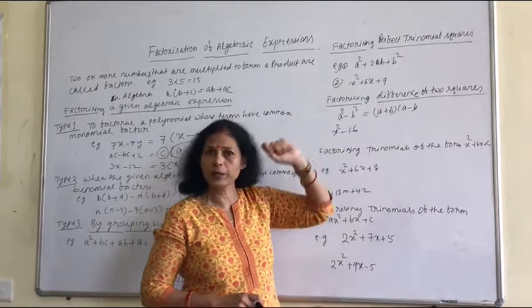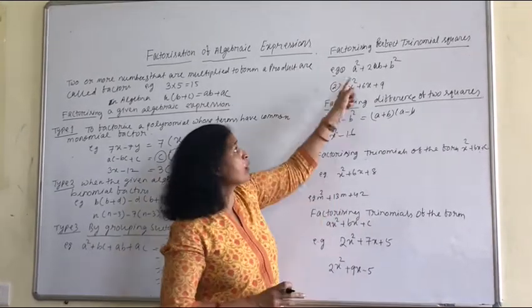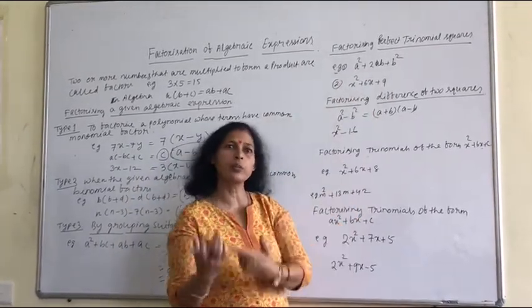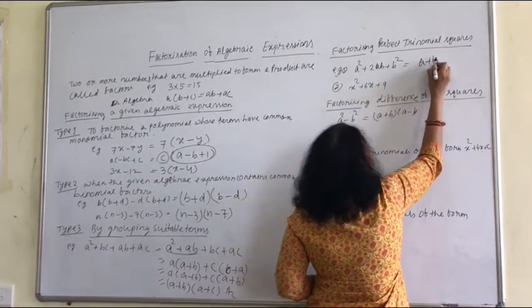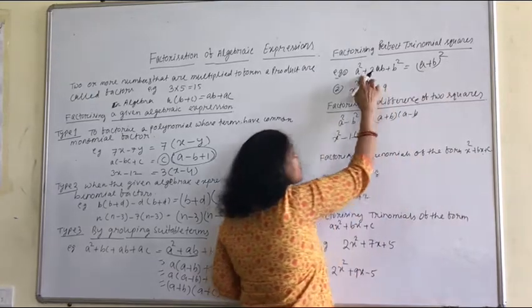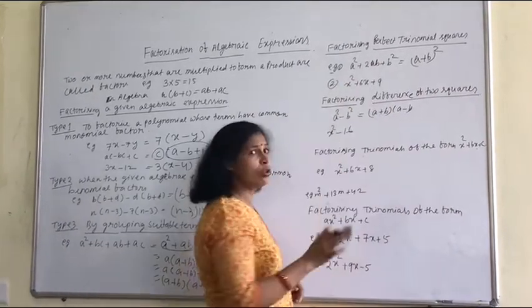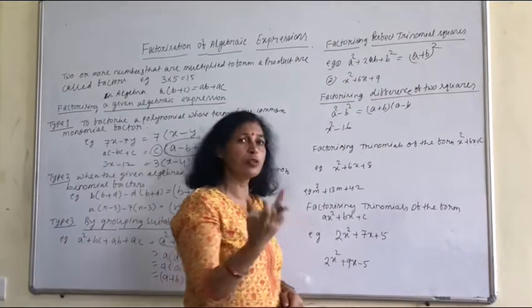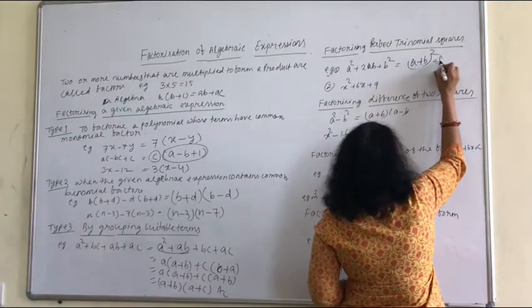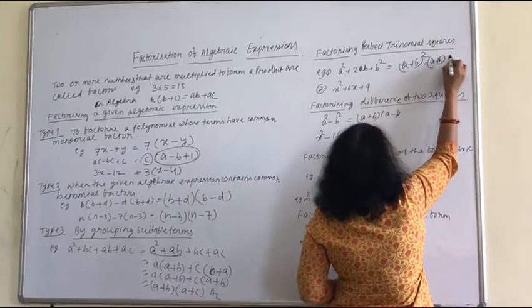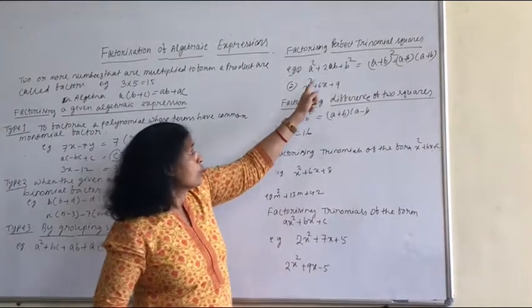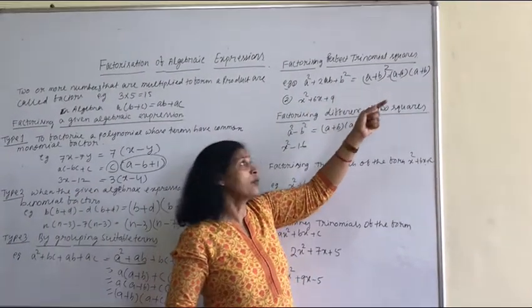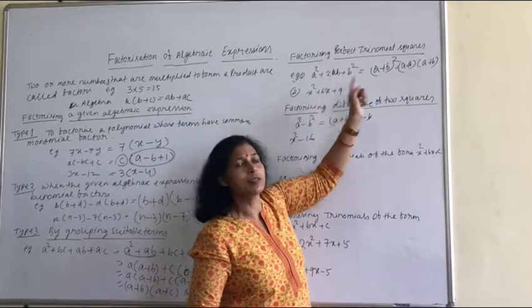You know (a plus b) whole square is a square plus 2ab plus b square. So you can write (a plus b) whole square. Then (a plus b) into (a plus b) are the two factors of a square plus 2ab plus b square.